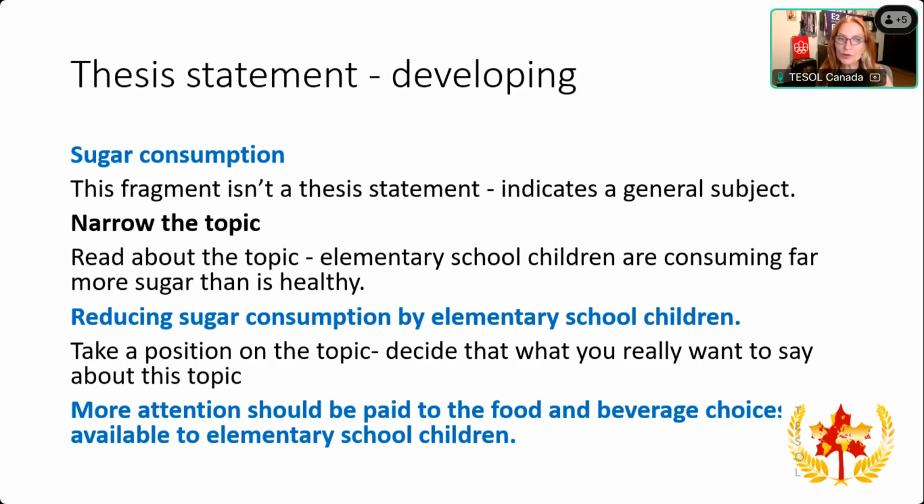Decide what you really want to say about this topic: more attention should be paid to food and beverage choices available to elementary school children. So now you're narrowing it down, and at the same time that you narrow, you expand. You expand in the sense that you provide more information on what your research will cover.